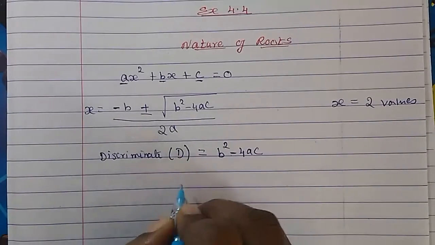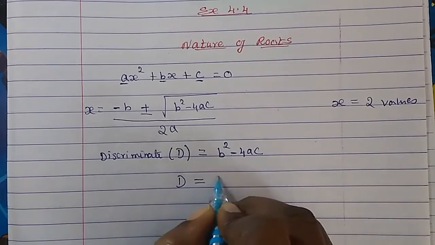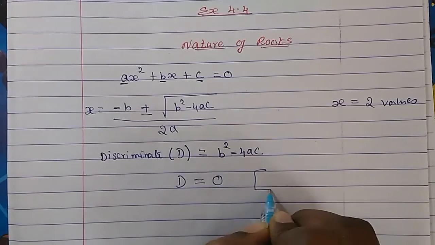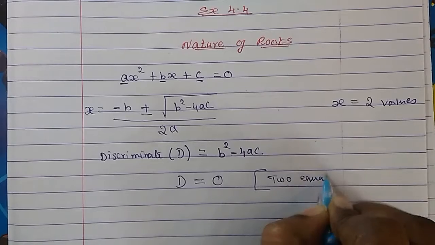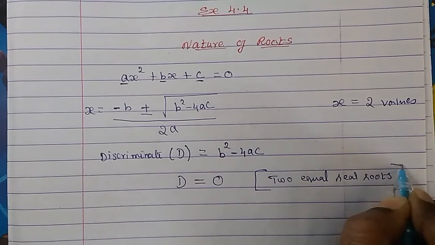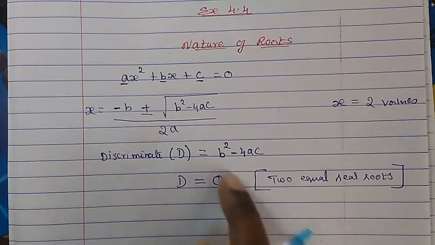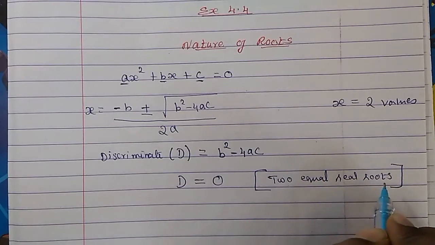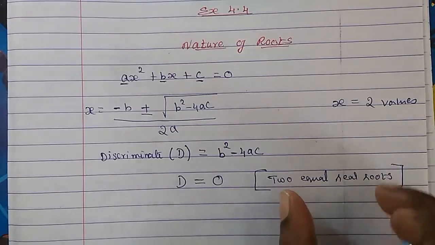Now if your value of D, when you solve it, comes to 0, then you will get two equal real roots. The meaning is, if D is equal to 0, then you will get two same numbers, the same answer.